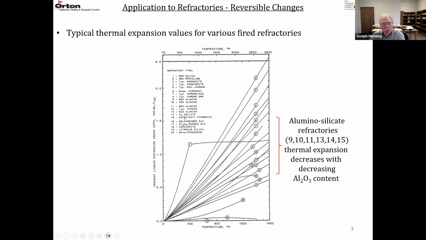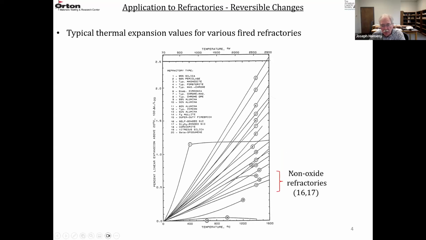So the Super Duty fire brick, like 15 down here, they would have much lower thermal expansion than the high alumina materials. So thermal expansion decreases with alumina content. And then the non-oxide materials like silicon carbide and silicon nitride, 16 and 17, they have the lowest expansion coefficients compared to the oxides.